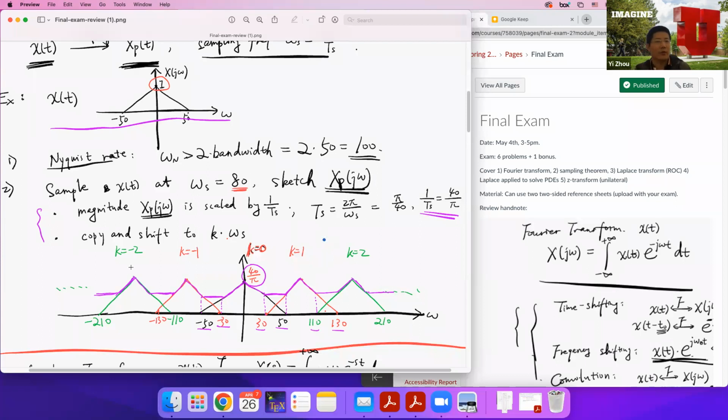In the end, the spectrum looks like this. We have a bunch of triangular spectrums that are overlapping with each other. You need to correctly identify these ending points and starting points. It's taking the original spectrum shifted by the unit of the sampling rate, and within this overlapping area, they will superpose these two spectrums. After the superposition, the resulting spectrum may look like the purple curve.